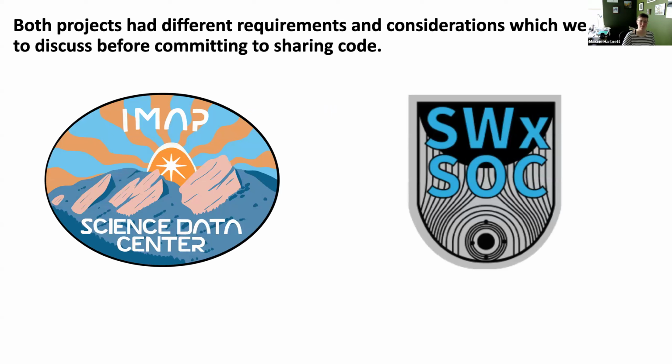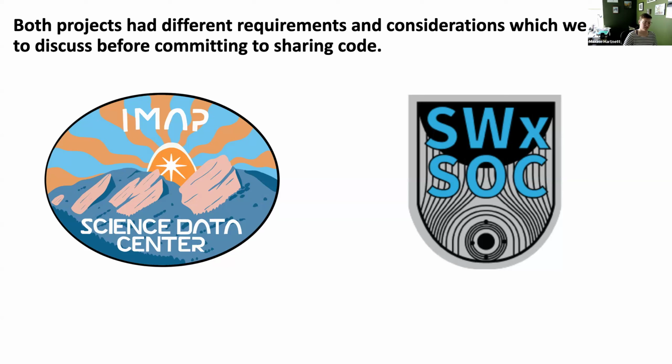I want to talk a little bit more about the background and what we ended up discussing before we moved forward on Sammy. I think this project only worked because we were both interested in making it work. In the original version of what would become Sammy, it was pretty space weather SOC specific.